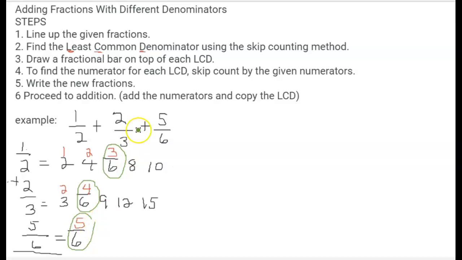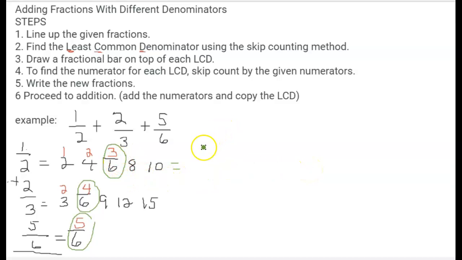Okay? And my sixth step is proceed to addition. So how am I going to do that? I am going to write my new fractions. I may write them vertically or horizontally. It doesn't matter.